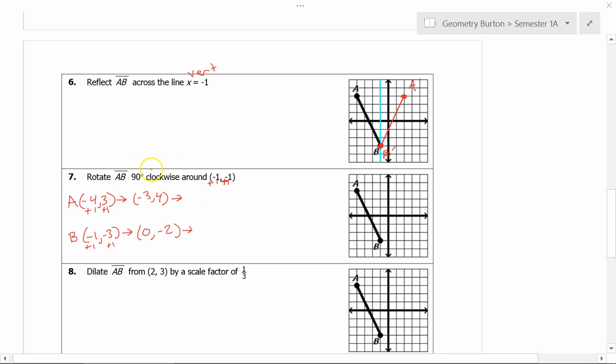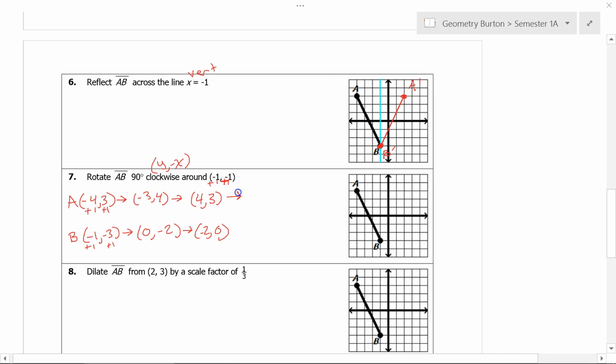So remember, 90 degrees clockwise, that's the rule where we do y opposite of x. Okay, that's the rule that we're going to do. So I'm going to do the rule now. So I'm going to keep the y, and I'll do the opposite of x. So that would be +3. Alright, I'm going to keep the y, which is -2, and I'll do the opposite of x. Well, the opposite of 0 is still 0.